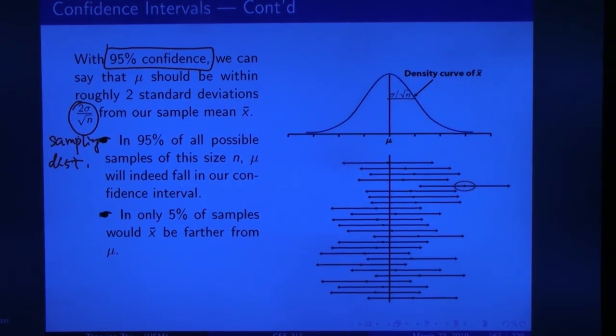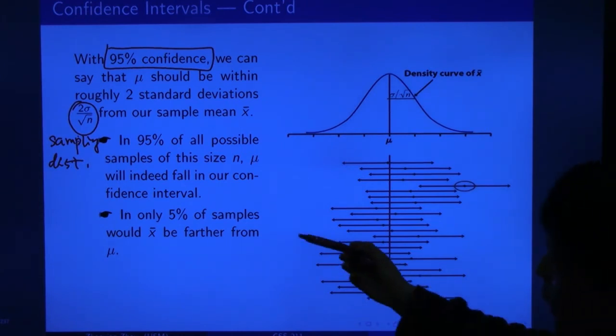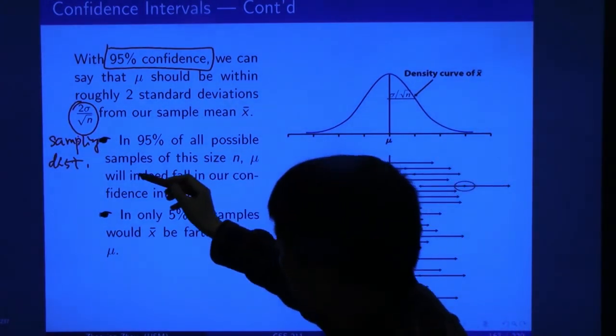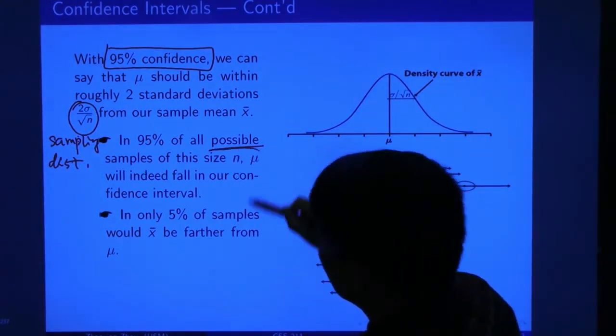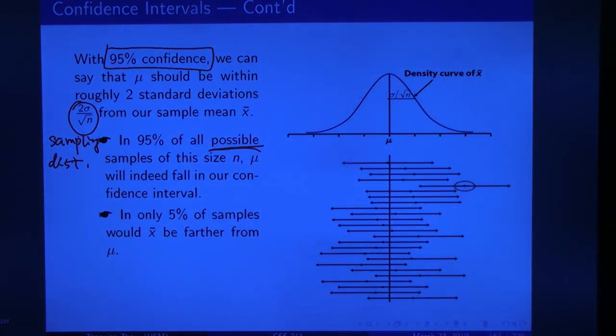If we have 95% confidence, that means in 95% of all these possible samples. It says possible because we don't even need to do all these samples. We need only do one. But all these samples are possible.